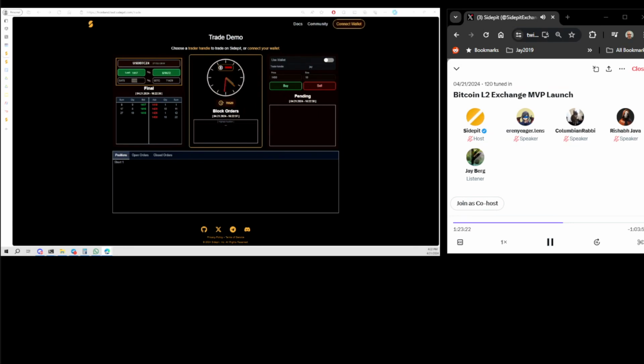Sure. It's a Bitcoin L2 for trading, a decentralized way where you can trade using your Bitcoin, and there are sidepit jackets, some of which you require to trade on the platform. You can trade with Bitcoin being your wallet, and there'll be some sort of settlement period, and you can post when the settlements will happen. Instead of spending high gas fees, you can costlessly trade Bitcoin, short or long.